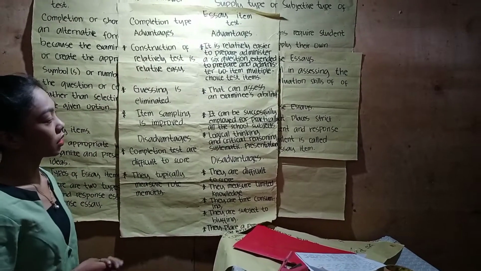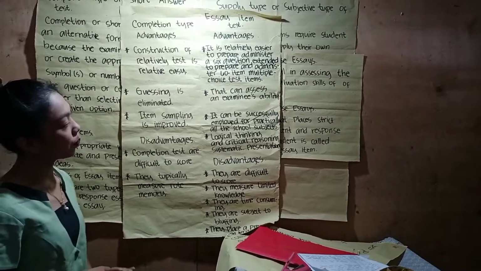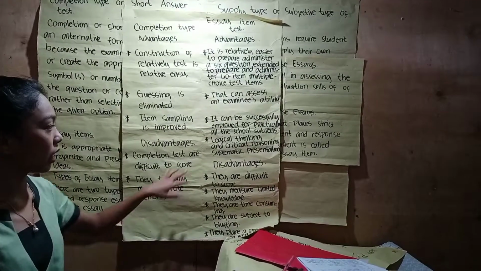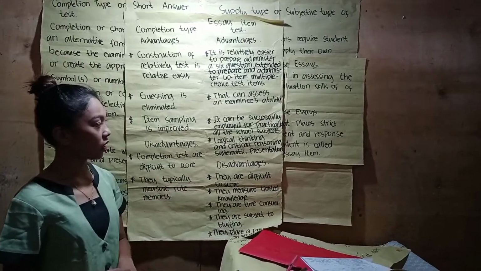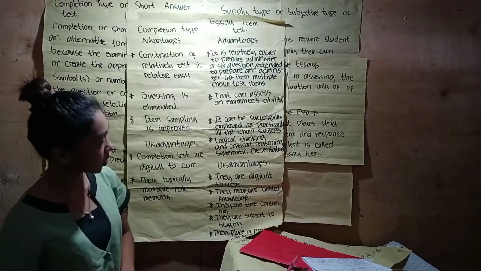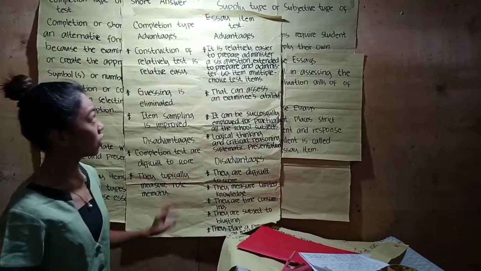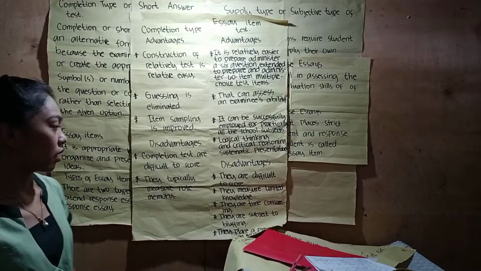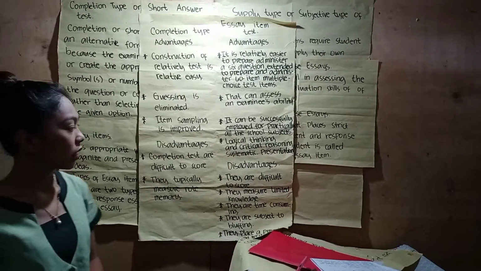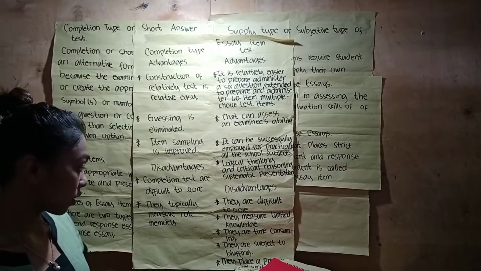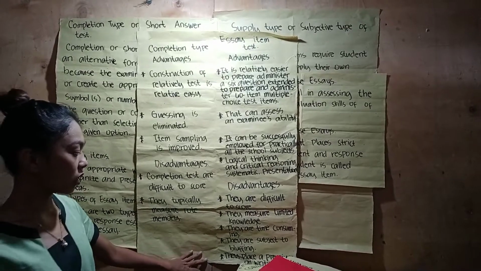It can be successfully employed for practically all the school subjects. And last, it develops logical thinking, critical reasoning, and systematic presentation. The disadvantages are they are difficult to score, they measure limited content, they are subject to bluffing, and they place a premium on writing.